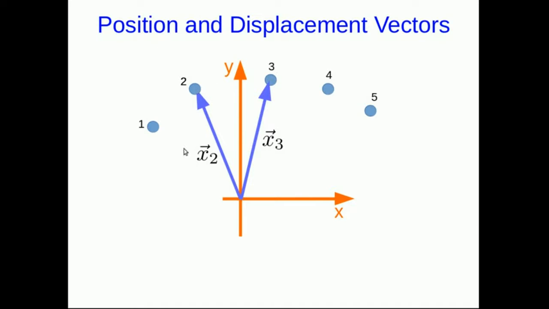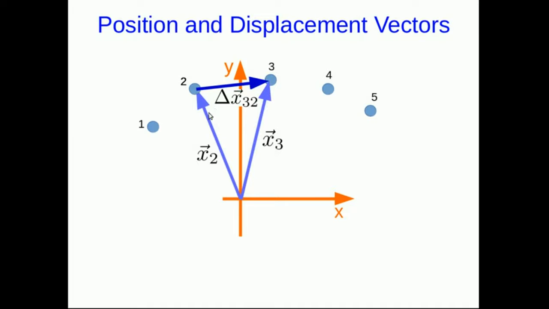So the displacement vector for the time from 2 to 3 would be this vector here. And we'll see in a moment that these are related in exactly the way we've talked about, that delta x32 is going to be x3 minus x2.